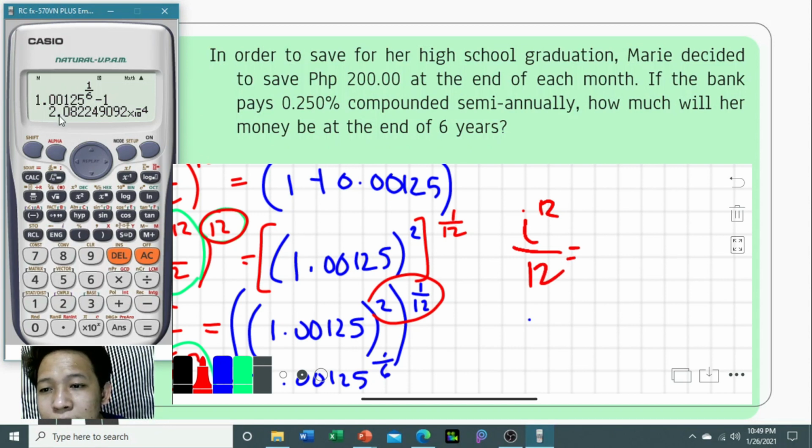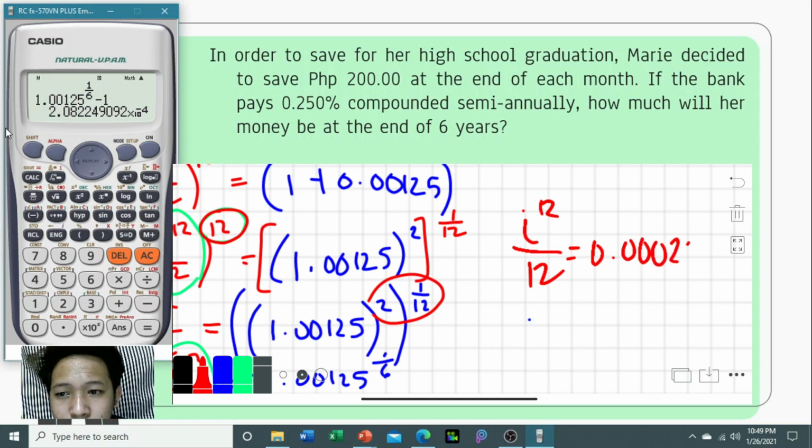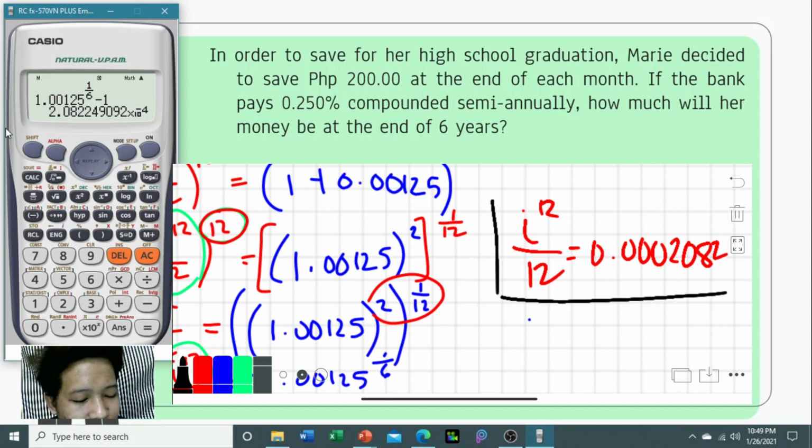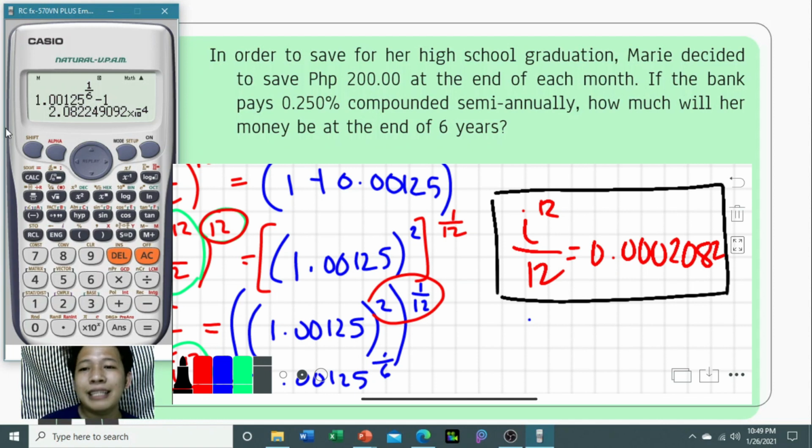We move the decimal point to the 4 decimal places, 1, 2, 3, 4. So we add 3 zeros. So we have 0.0002082. So this would be what? This would be the value of j na gagamitin natin sa formula in getting what?